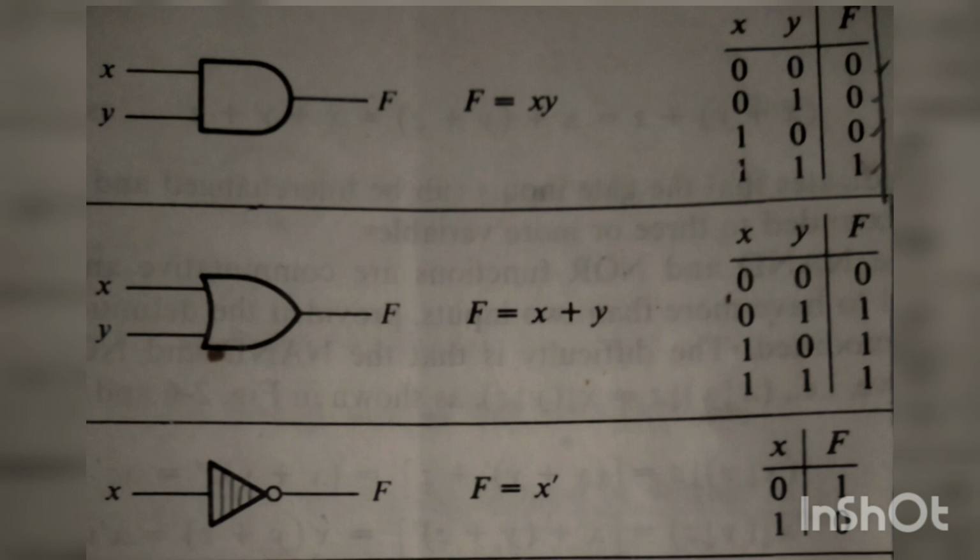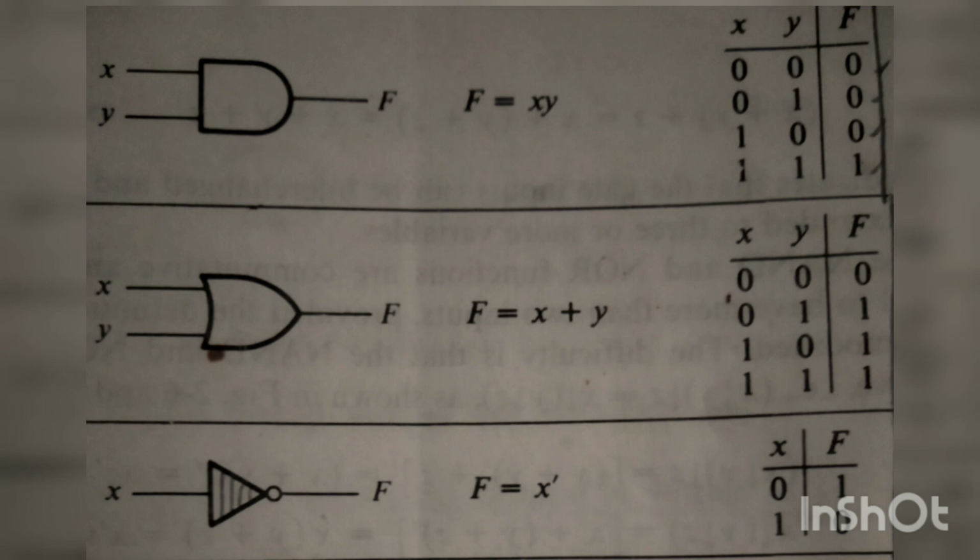The NAND gate truth table is 0 0, output 1, 0 1, output 1, 1 0, output 1, 1 1, output 0.